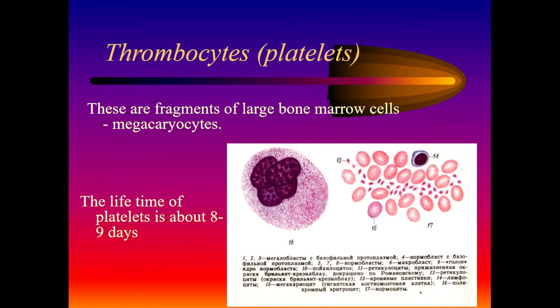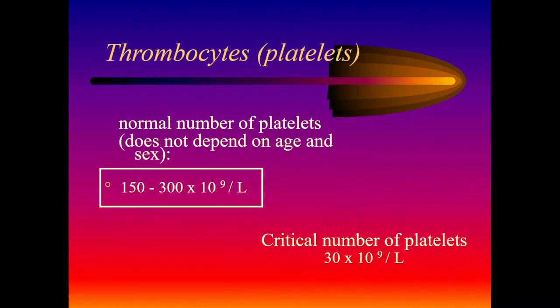Thrombocytes or platelets are fragments of large bone marrow cells, megakaryocytes. The lifetime of platelets is about 8-9 days. The normal number of platelets does not depend on age and sex.